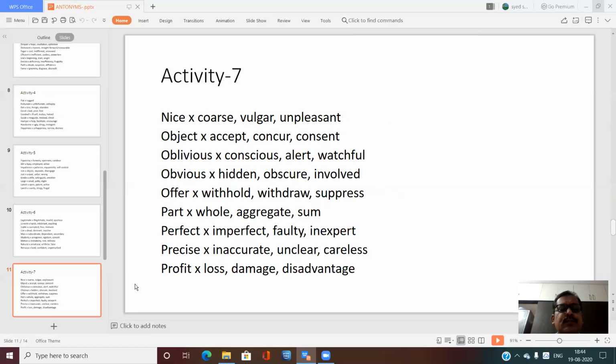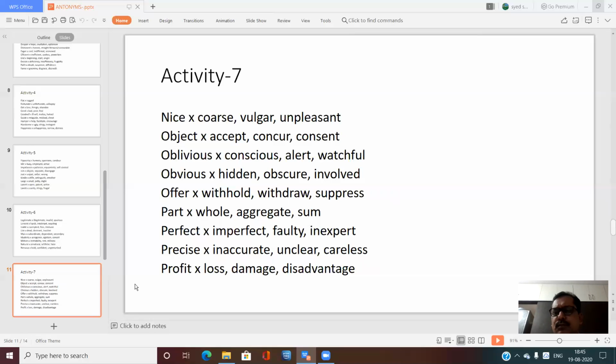Activity 7. Nice. Opposite word: coarse, vulgar, unpleasant. Coarse means uncultured, unrefined.